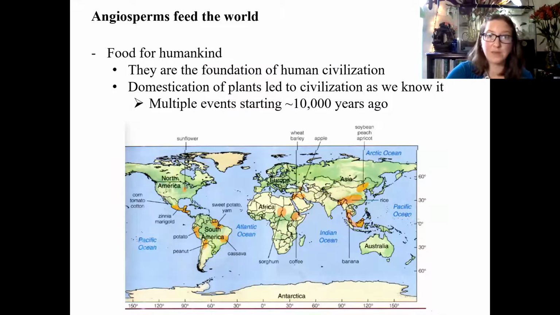We've seen this several times now, but just to really hit it home, angiosperms are our primary food source when it comes to plants. They were the ones that allowed us to found human civilizations, right? In those domestication events that we talked about at the very first class, which some of them are shown here.